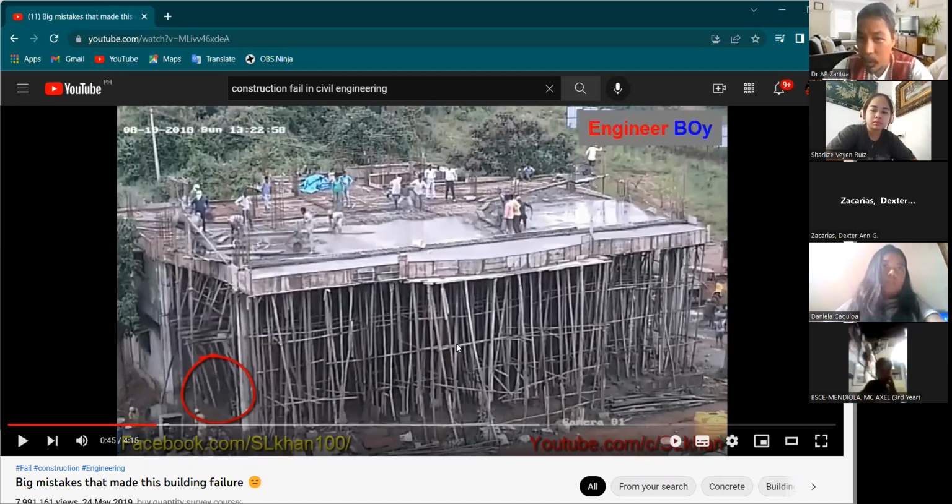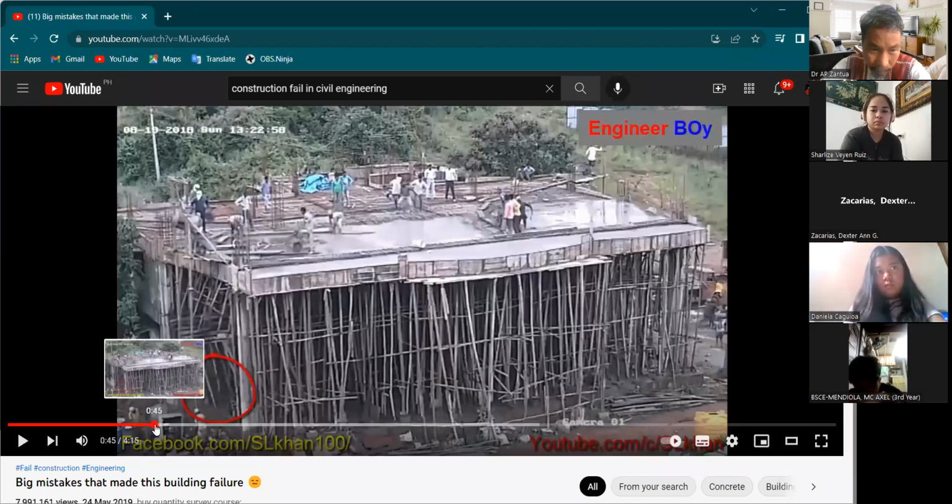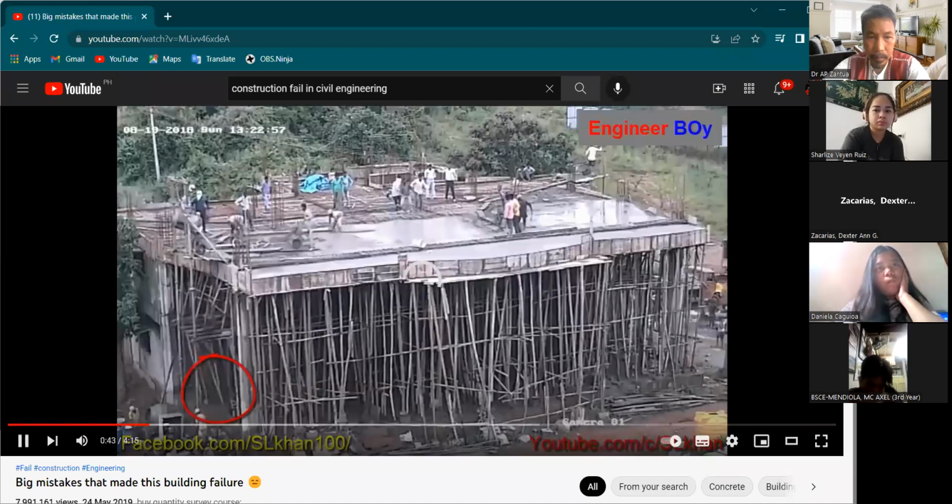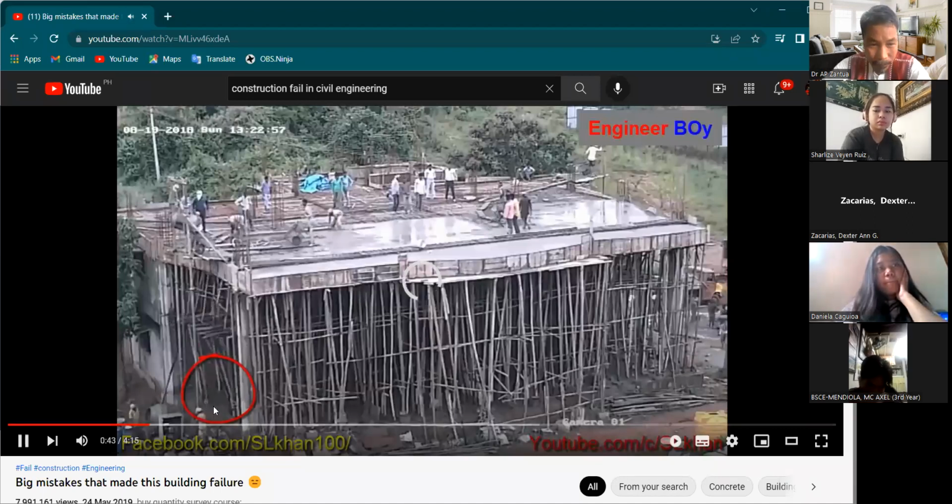Okay, the formwork moves. There is not even simple protection for stability of the formwork. Take a look, repeat here in this red portion. Take a look at the red portion. The legs of the formwork move.